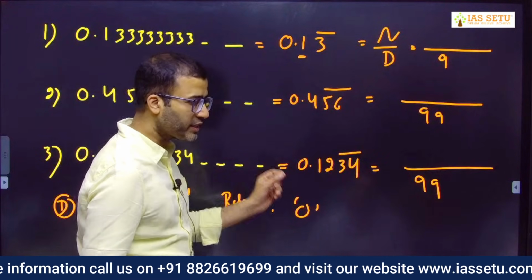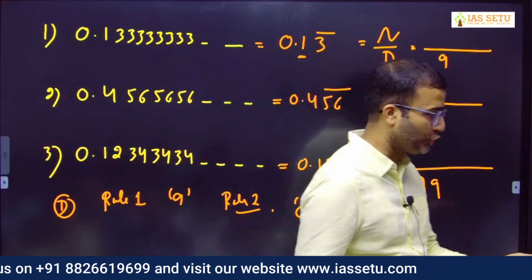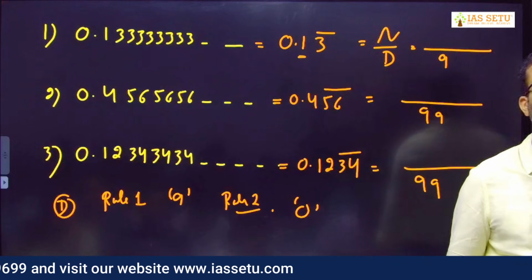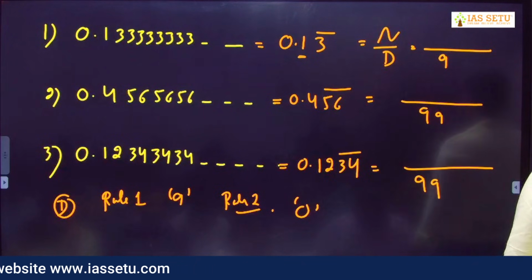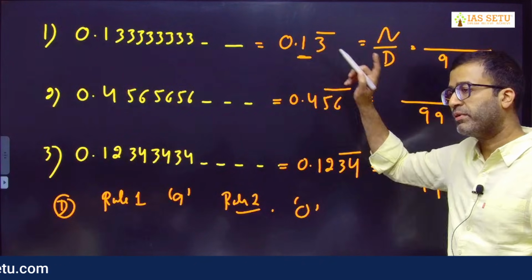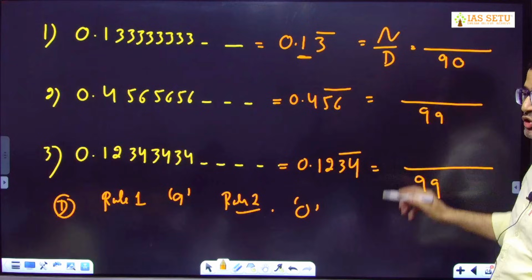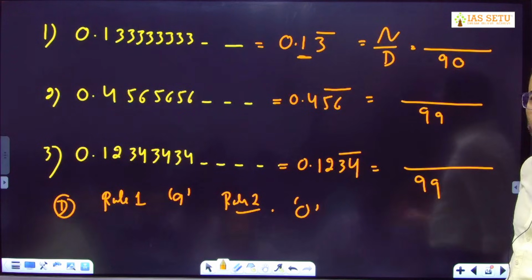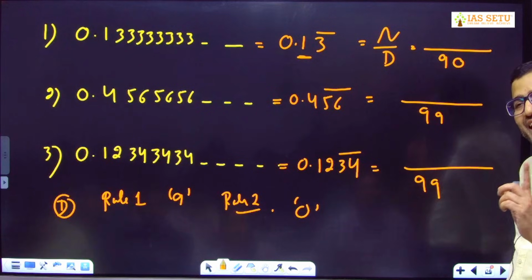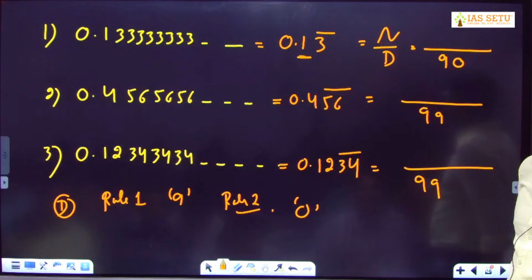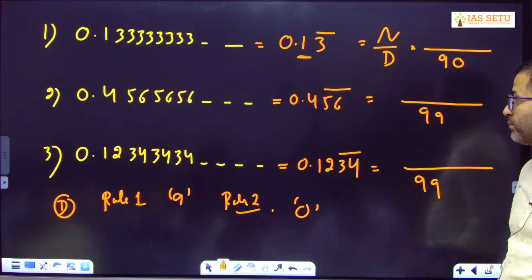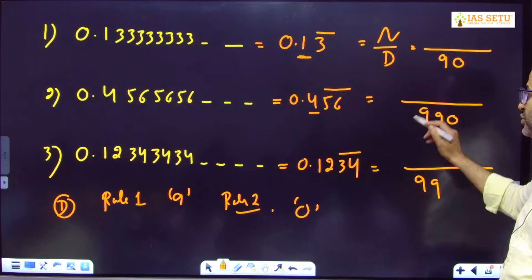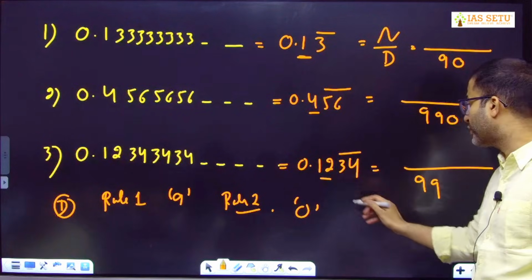So between decimal and recurring part there is 1 digit, we have to put 1 0 and put after 9. Before 9 उसका कोई फायदा नहीं. After this 9 we will have as many 0 as many digit between decimal and recurring part. So there is 1 digit, 1 0. Here there are 2 digit, 2 0.